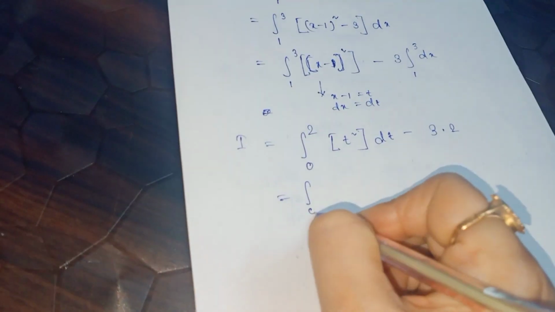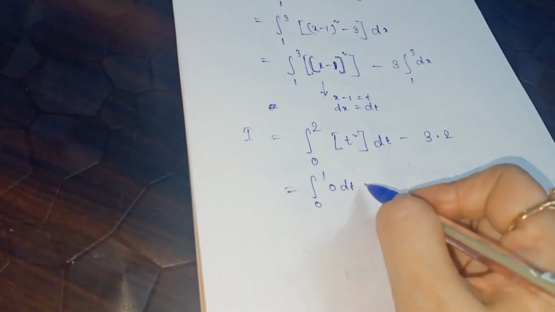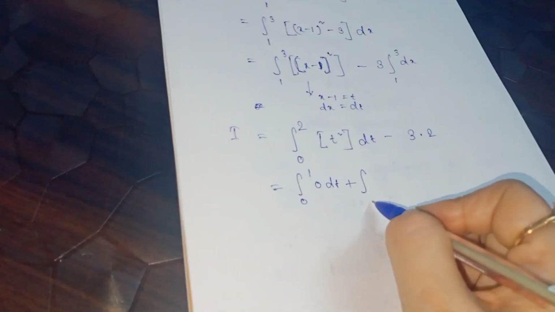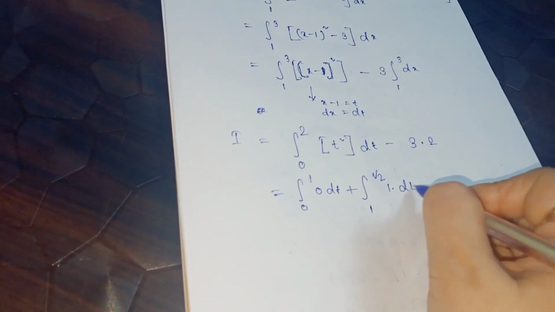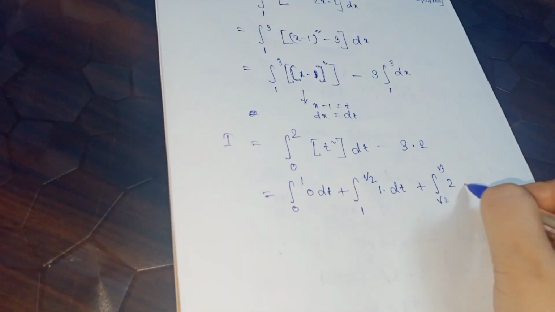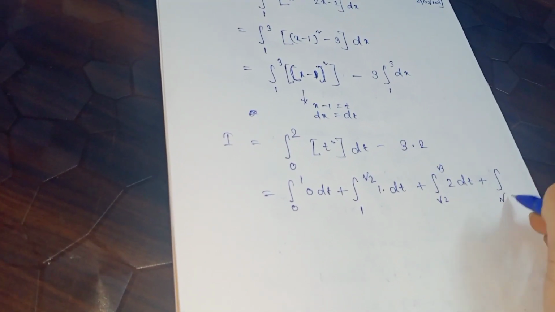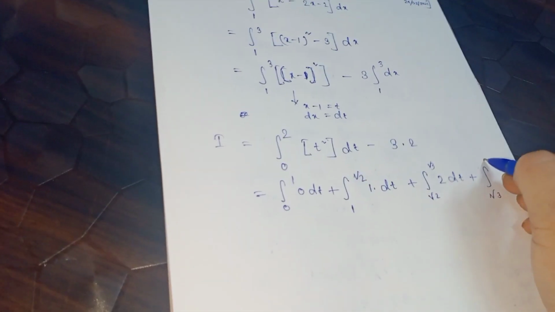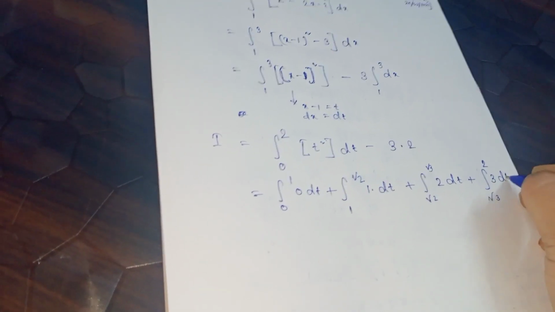So here we get integration 0 to 1 of 0 dt, plus integration 1 to root 2 of 1 dt, plus integration root 2 to root 3 of 2 dt, plus this final one, root 3 to root 4, that is 3 dt, minus 6.